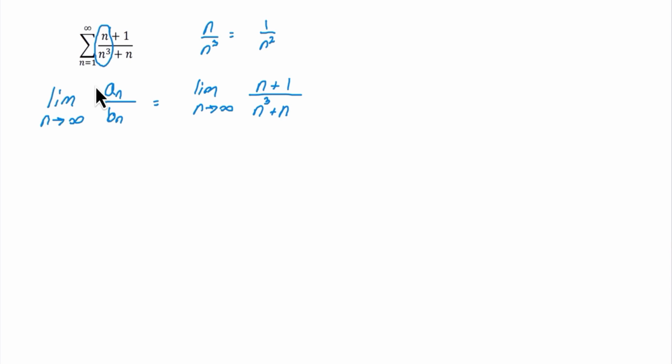And we're going to divide it by b sub n, which is 1 divided by n squared. Dividing by a fraction is the same thing as multiplying by its reciprocal. So we now have the limit as n approaches infinity of n cubed plus n squared divided by n cubed plus n.